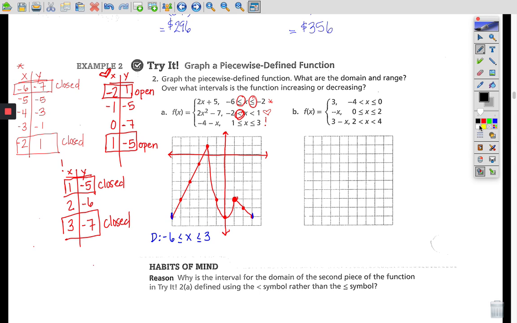Next we're going to look at our range. Range is your y values. My smallest y value, I've got 3 of them right here that are all the same. And that's negative 7. Is less than or equal to y.